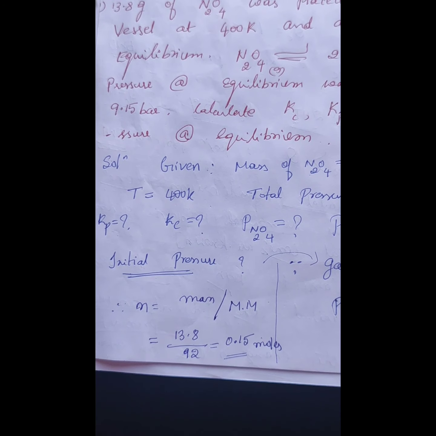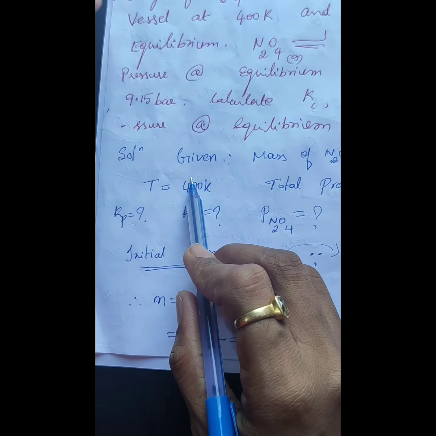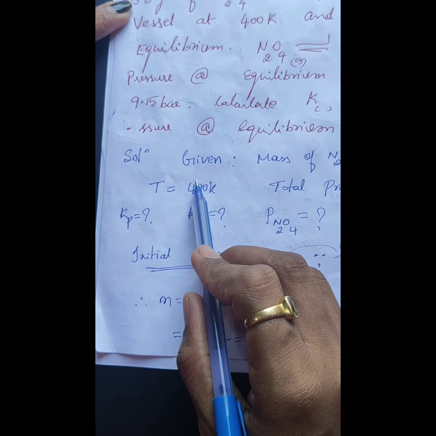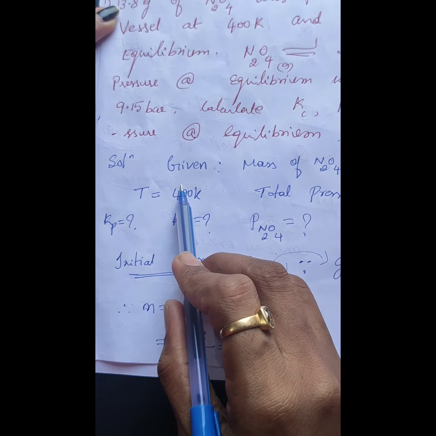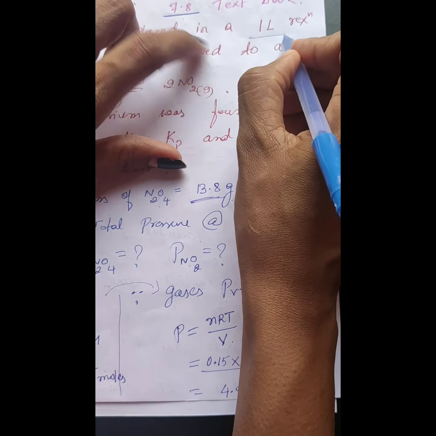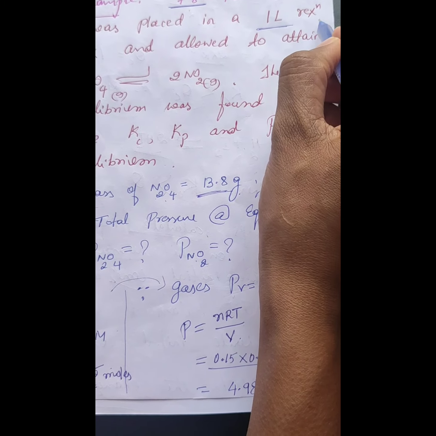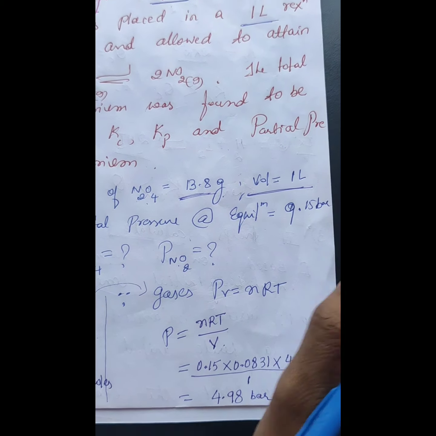These are the data they have given in the question. First, 13.8 gram of N2O4 is given, nothing but the mass of N2O4 is 13.8 gram. Then they have mentioned it is a 1 liter reaction vessel, so the volume will be equal to 1 liter.